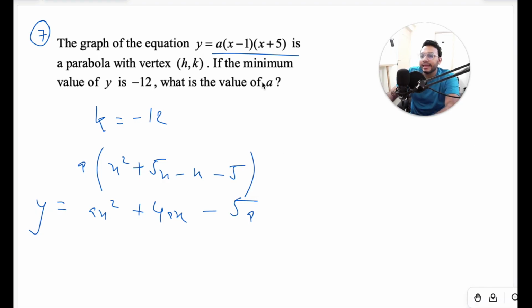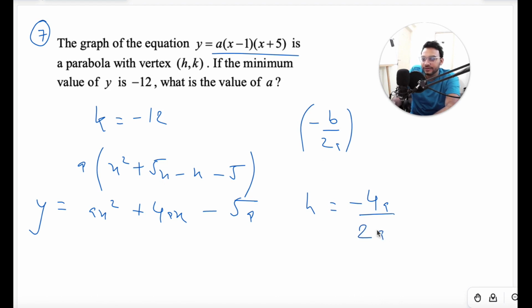Now the x coordinate of the vertex is minus b by 2a, where y is equal to ax squared plus bx plus c. So let's put this and let's check. The value of h would be minus b, so minus 4a, the coefficient of x, over 2a, 2 times the coefficient of x squared. So a and a cancel, it's a negative 2. H is a negative 2.